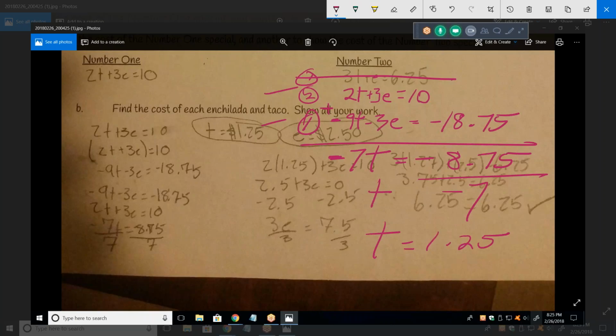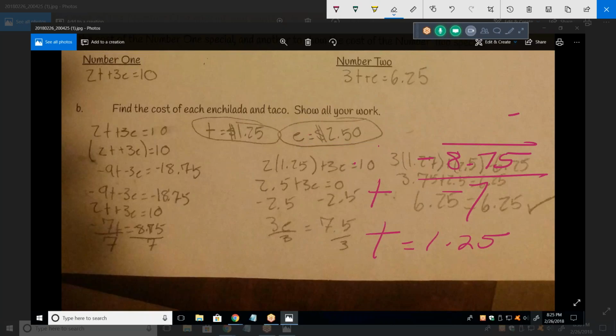So, now how do we solve for e? You put 1.25 in for t. Which equation? Of the two that I'm looking at. First one? Well, you can do it in either one. Which is going to be the easiest one to solve for e?